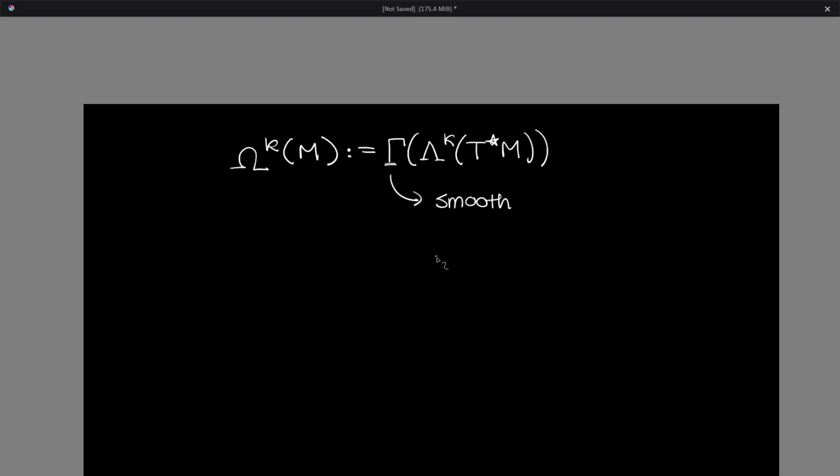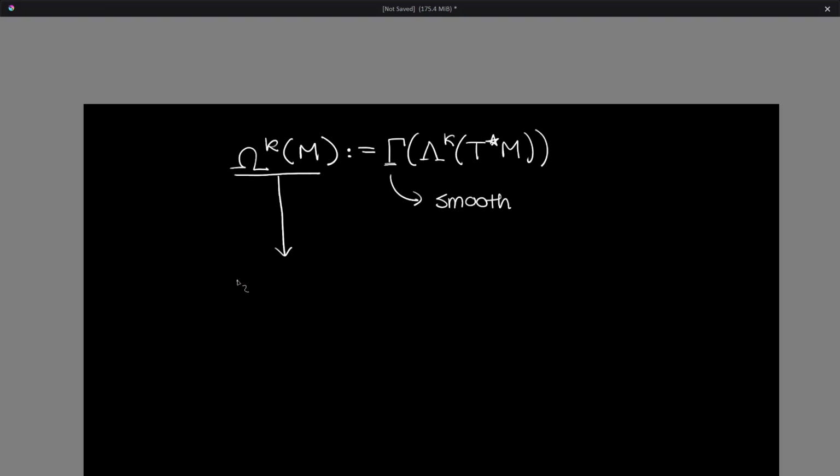Let's say we take a section out of lambda k T star M. Let's assume that this section is smooth. Then we define this to be omega k of M. This is a big moment. This is what we want.